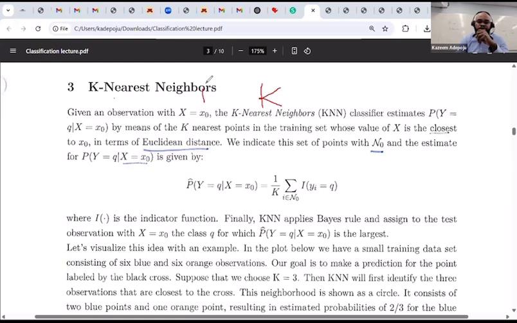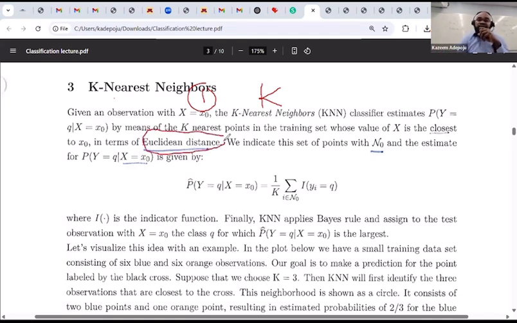Number two: you compute the distance between the test point and all training points. To compute the distance, I have different metrics in the literature. You can use Euclidean, Manhattan, or Minkowski. But here the popular one is Euclidean.